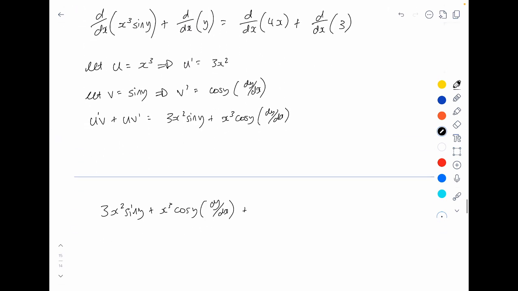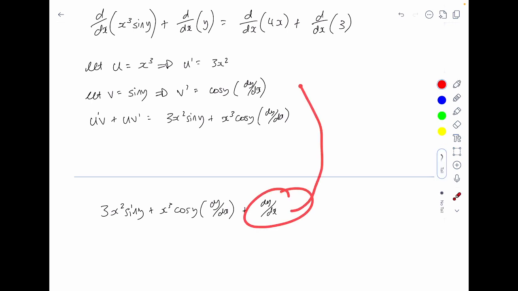Plus dy by dx. Now why have we got this here? We got this because of the y over here. As you saw before, the derivative of y is dy by dx here. That's going to equal 4.